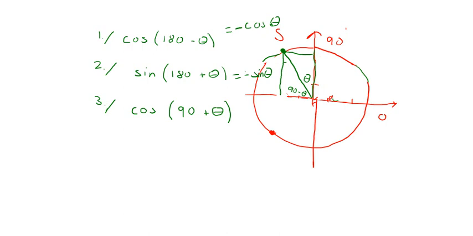I've got my right angle triangle here, and with a 90 minus theta there, I've got a theta here. So sine of theta equals x over 1, so x equals sine of theta, and I now have my value of minus sine of theta.